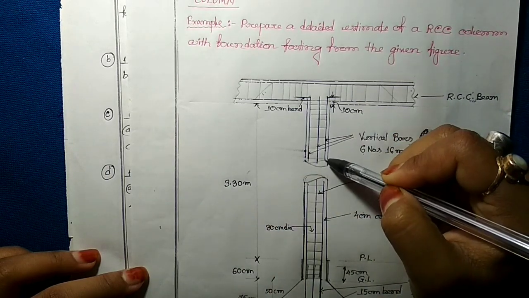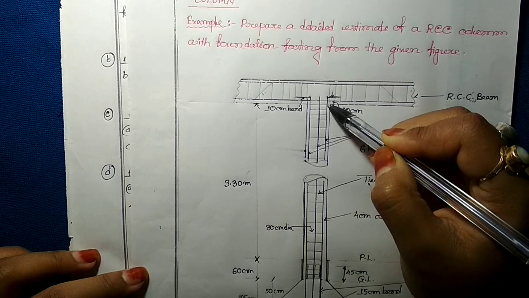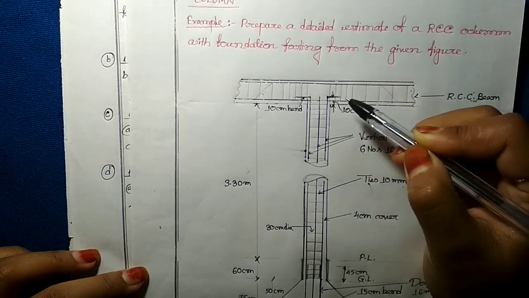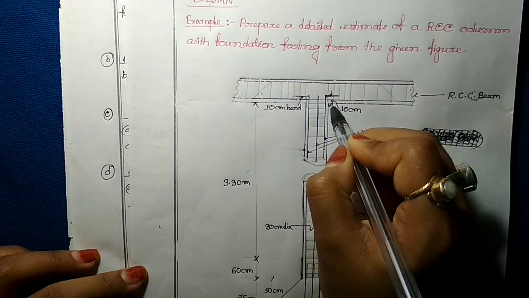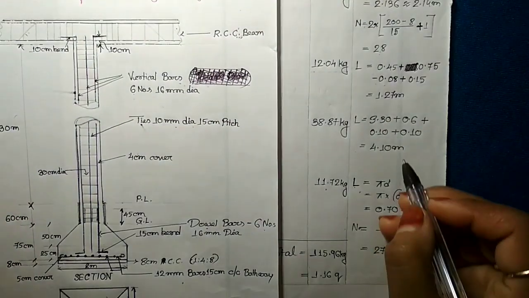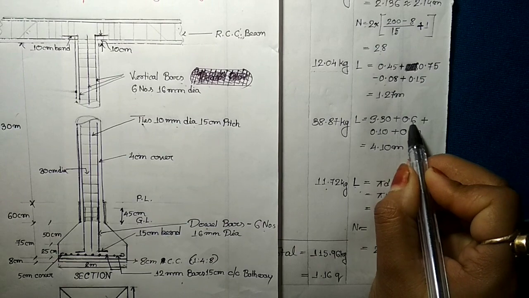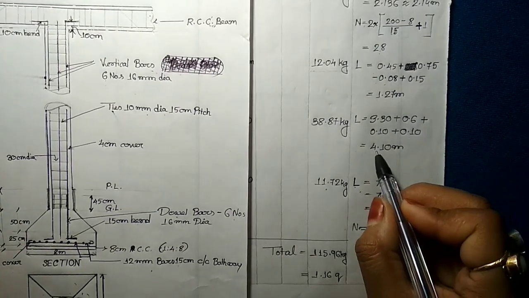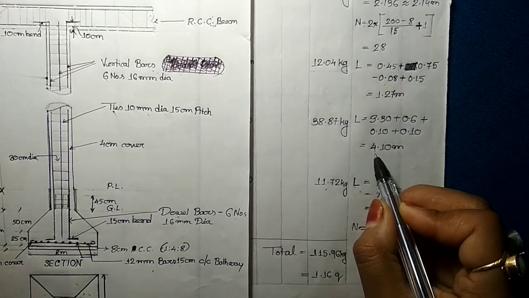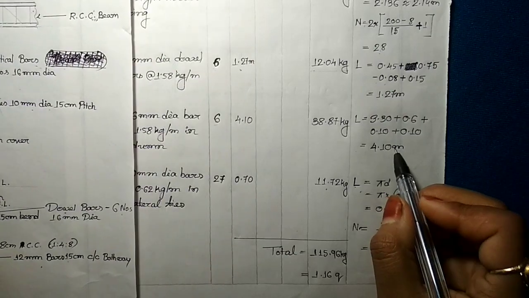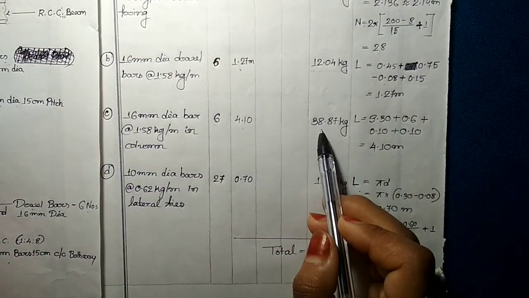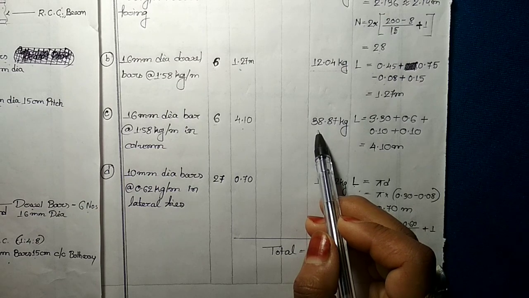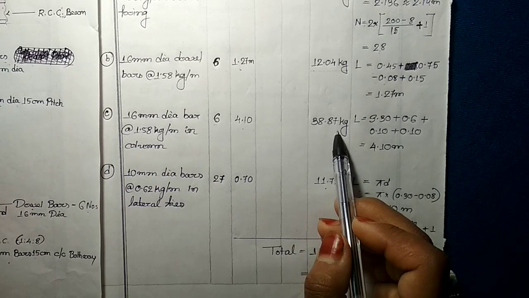Okay, and we have to place the bar a bit above and then bend, and this portion is 10 centimeters. So we need to add this one also. So after adding all these four, the length will get us 4.1 meter. So we have length, number, and this. So we can have the quantity as 38.87 kg.